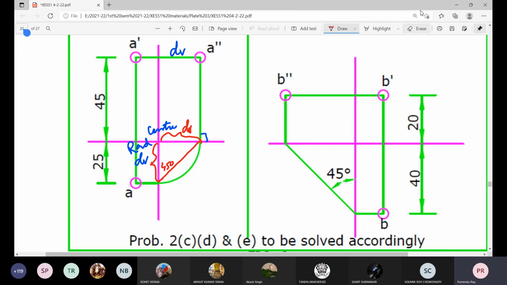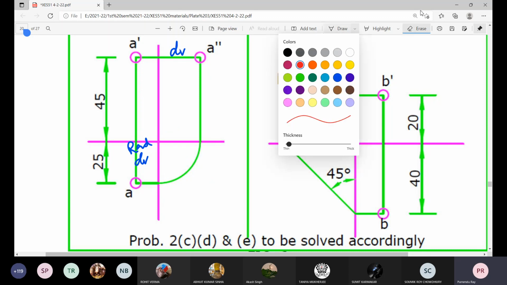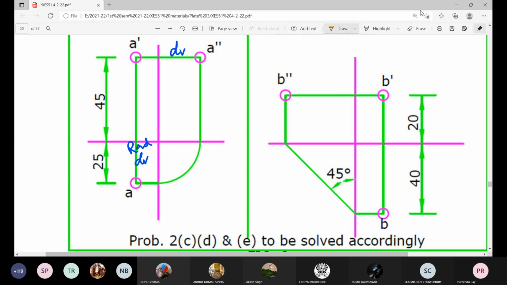Another geometrical, very simple geometrical way is there, that is, draw one very thin 45-degree line. Draw a 45-degree line from this point.